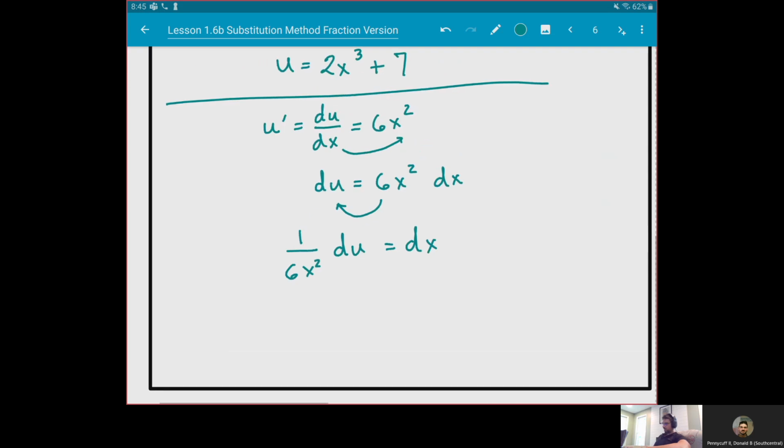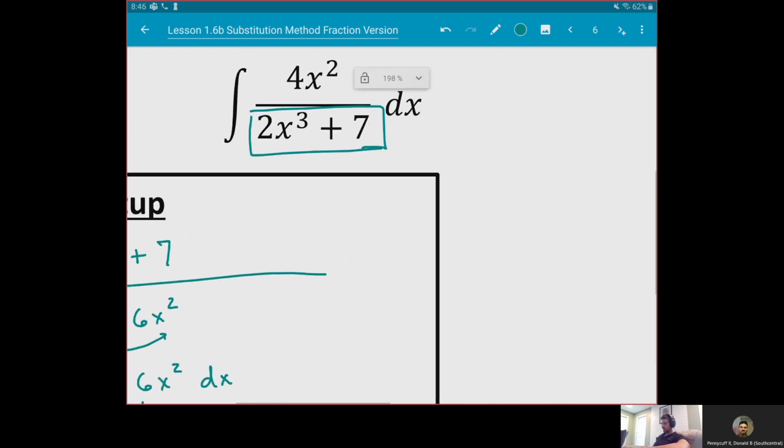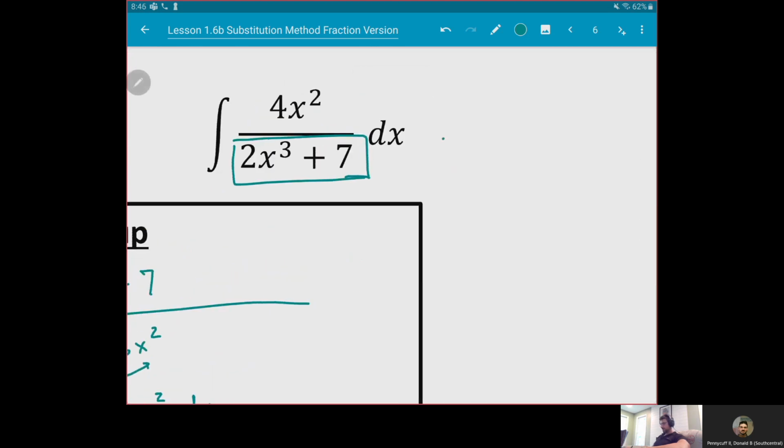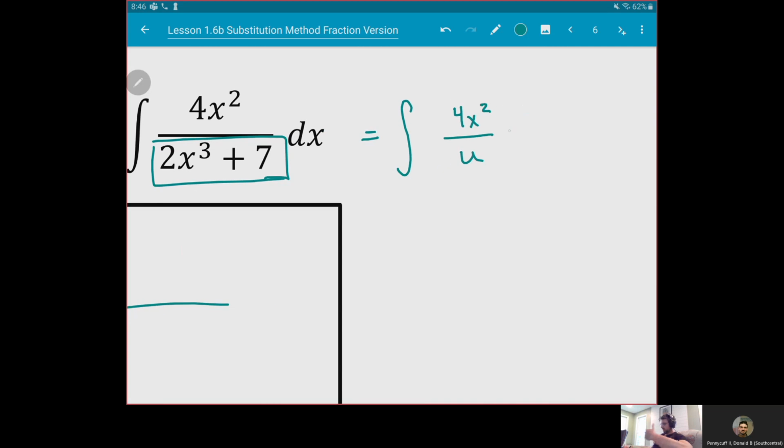That's it. Okay? Because now I can come up here and I can plug everything in and I get 4x squared over u, times 1 over 6x squared du.